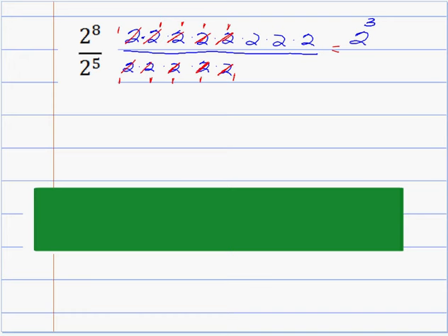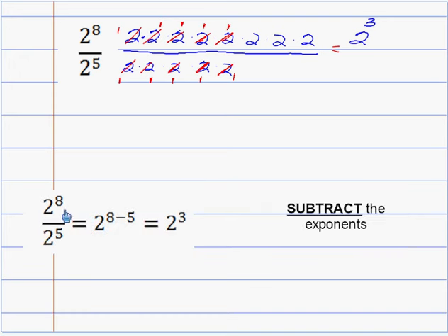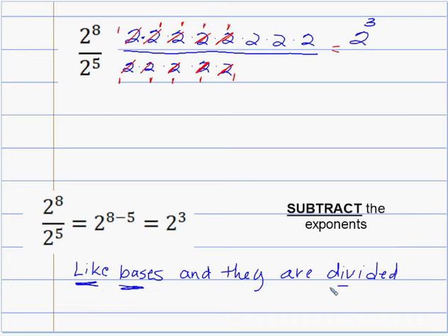And so I hope you can see that what we really did was, if we have like bases, or the bases are the same, but in math we usually say they are like bases. If you have like bases and they are divided, okay, so we have to have the same base, like bases, and we have to have division, and if that is true, then all we do is subtract the exponents.